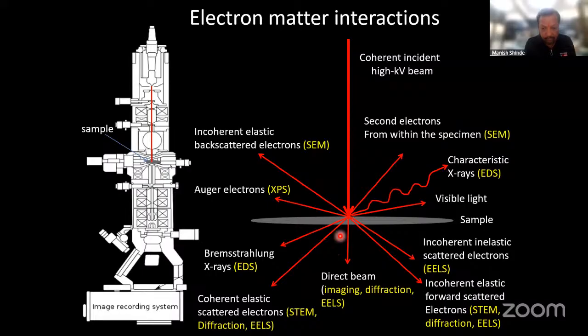Similarly, incoherent electrons, coherent electrons, the direct beam, and X-rays are also generated in the transmission mode. And if you capture those signals also, you get the transmission mode electron imaging. So SEM and TEM are basically two imaging modes determined by how the electron beam interacts with the sample.